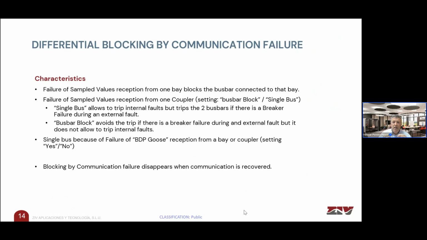So any communication failure, either in the sample values exchange, or in the currents exchange between the central unit and the bay units, or a communication failure related to the GOOSE messages that are exchanged between the central unit and the bay unit, even one or the other, will block the differential protection. Of course, when this communication failure disappears, then the busbar differential is activated again.